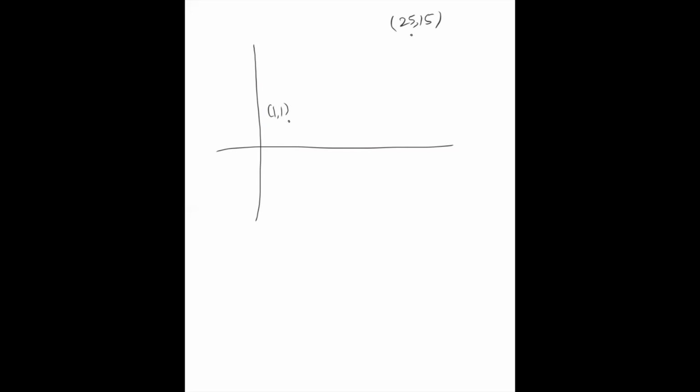And we said it is better to count the number of paths from (1, 1) to (25, 15) that do touch the x-axis. If a certain path touches the x-axis and then goes to (25, 15), we look for the first time that it hits the x-axis, this point, and then we reflect the part lying before that point across the x-axis.